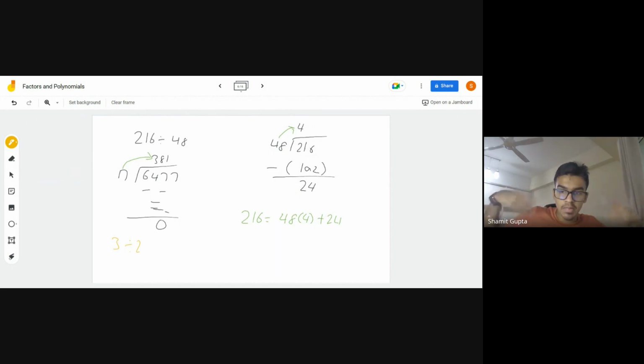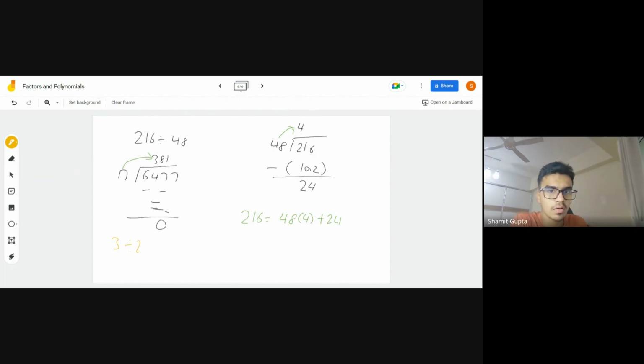What's the maximum number of whole times I can subtract 2 from 3 to get to 0 or above? It'll only be 1, because if I subtract 2 from 3, I'll get 1. I can't subtract it 2 times, I'll get -1 already.